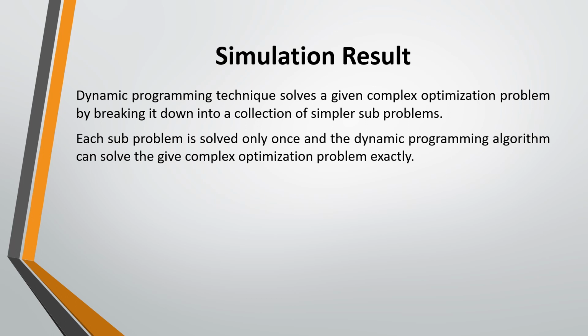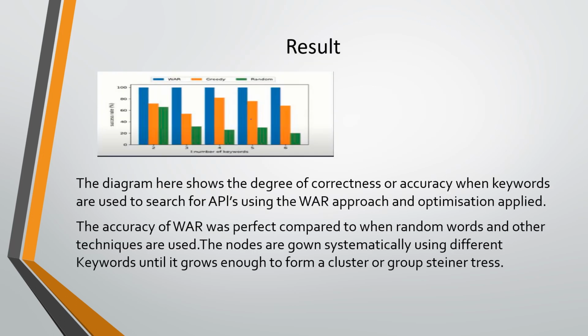The diagram here shows the degree of correctness or accuracy when the keywords are used to search for the API using the WAR approach and optimization applied. The accuracy of WAR was perfect compared to when random words and other techniques are used. The nodes are grown systematically using different keywords until they grow enough to form a cluster or group Steiner trees.